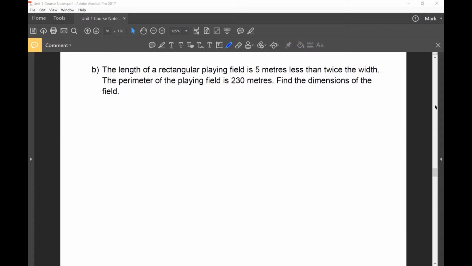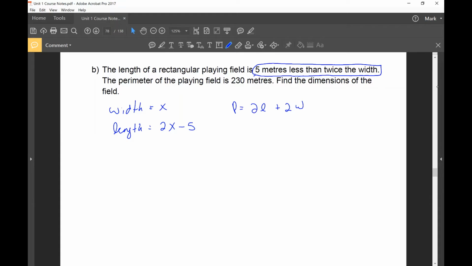The length of a rectangular playing field is 5 meters less than twice the width. Okay. So width is going to be x. The length is going to be 2x minus 5. And of course, my perimeter is 2 times the length plus 2 times the width.